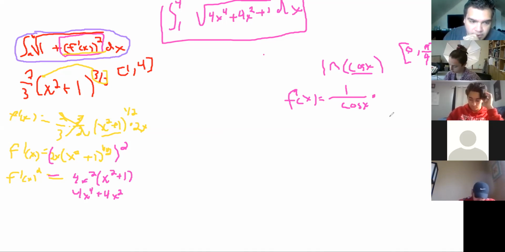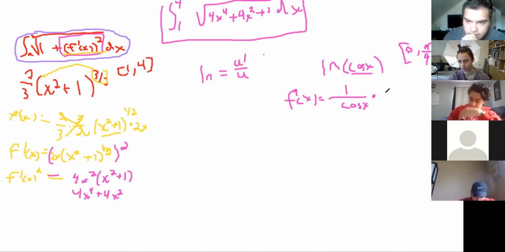Times the derivative of cosine, because it's u prime. And I'll just write this here. ln is the u prime over u. So then the derivative of cosine is negative sine. So we have negative sine x over cosine x.